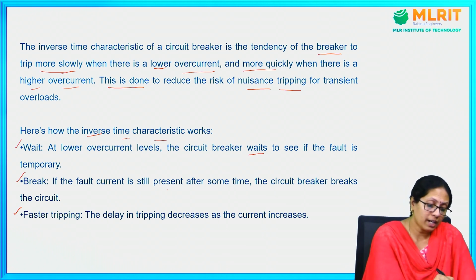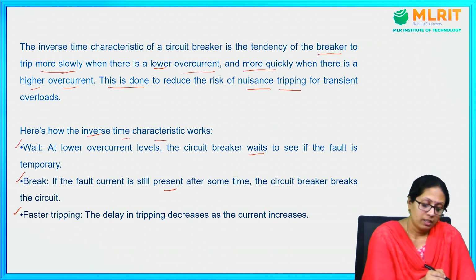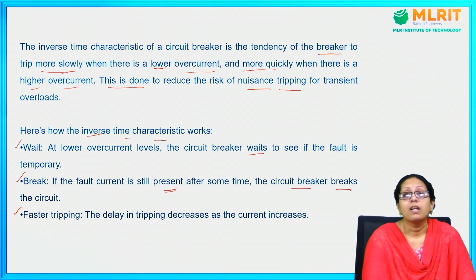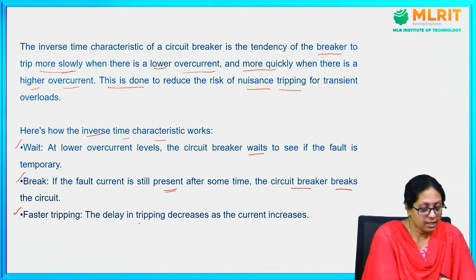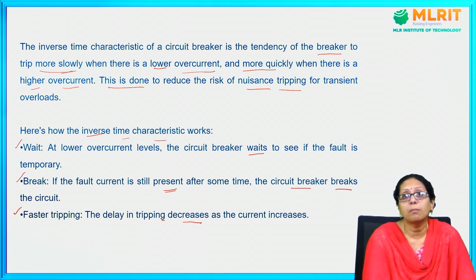If the fault current is still present, or the current is gradually increasing, then the circuit breaker breaks the circuit. Faster tripping means the delay time in tripping decreases as the current increases.